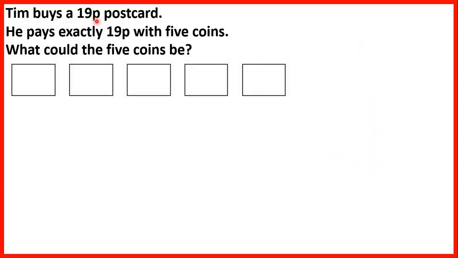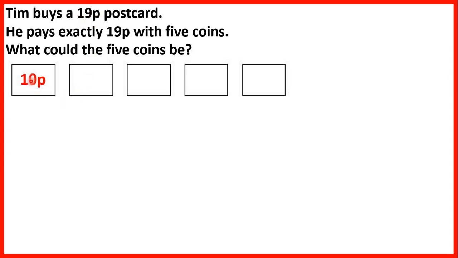Tim buys a 19p postcard. He pays exactly 19p with 5 coins. What could the 5 coins be? So the largest coin we have that's less than 19p is the 10p coin. So we can start with that. But if we have another 10p coin, that would take us to 20p, and that would be too many because the postcard only costs 19p.